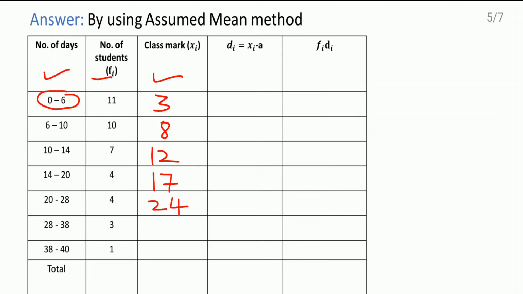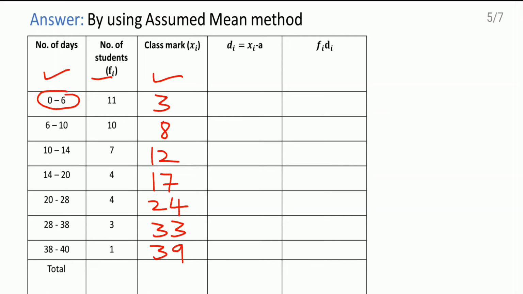Then 28 and 38 becomes 66, so it becomes 33. 38 and 40 becomes 78, half of 78 is 39. So these are the class marks of each class interval.